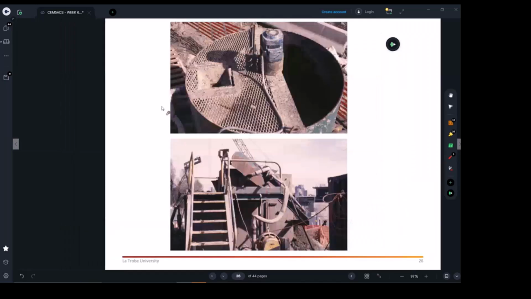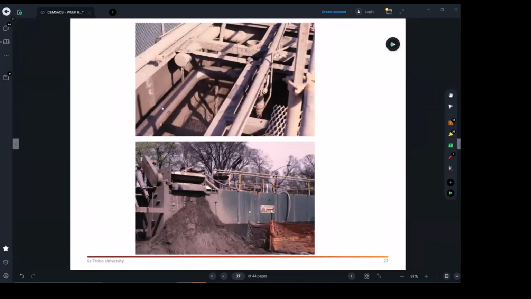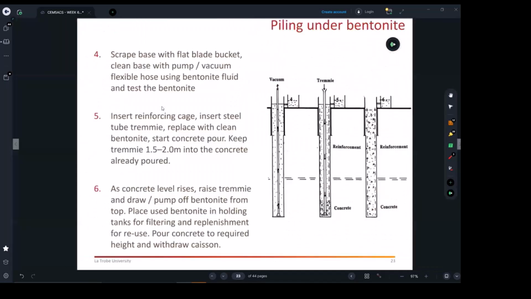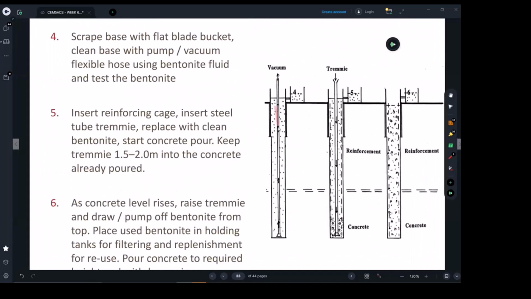There is a testing. You will be testing the bentonite. That testing process will make sure that this liquid is almost purely bentonite, and you have only bentonite within. There is not excessive water in it, because if there's excessive water and you pour the concrete, the water is going to get mixed with the concrete, and then you may have sponge, not concrete, at the end of the day.